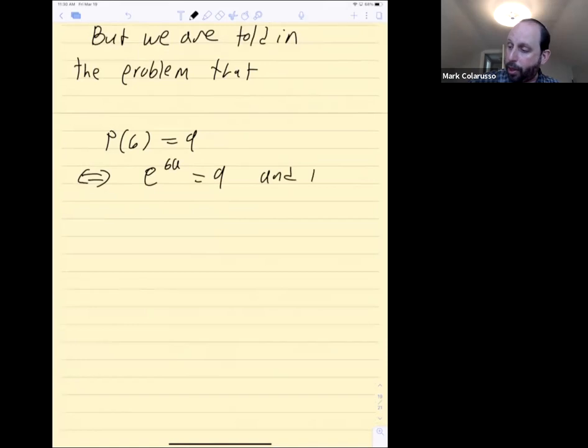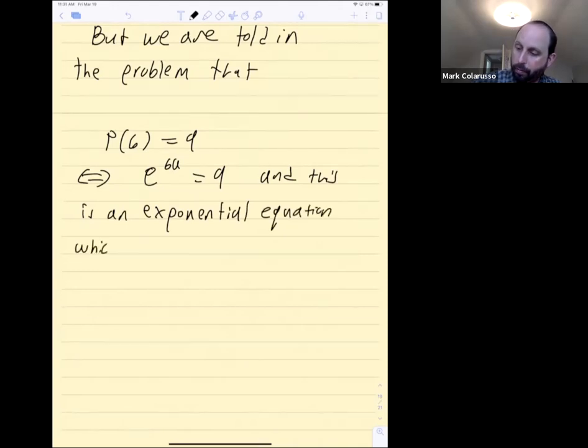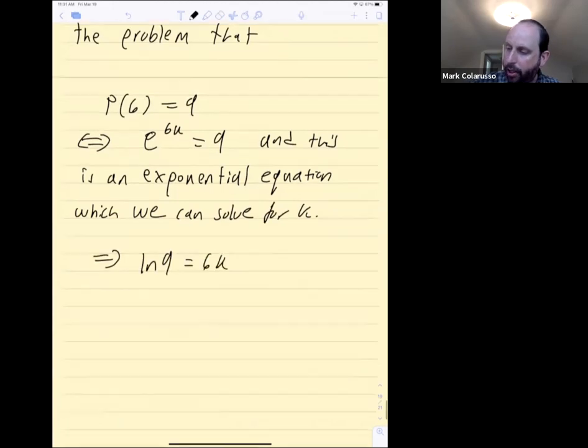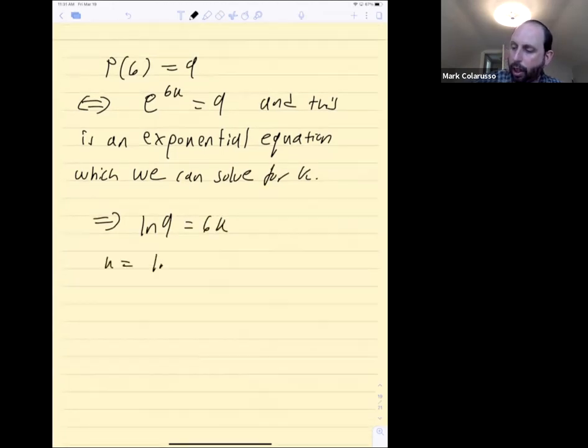And this is an exponential equation that we can solve for k. So we get the logarithm of 9 is 6k, so k equals the natural log of 9 over 6.